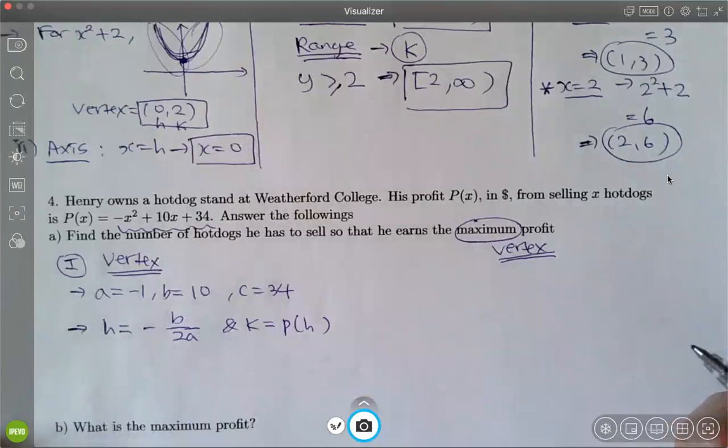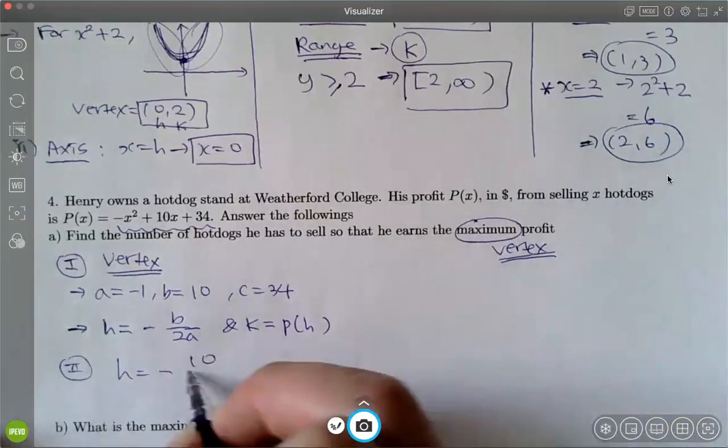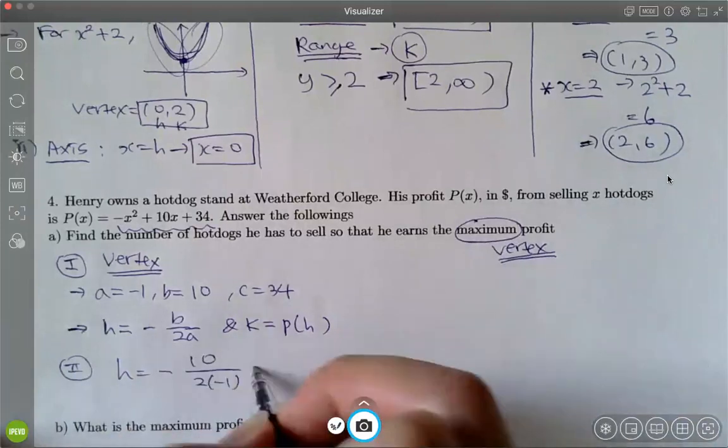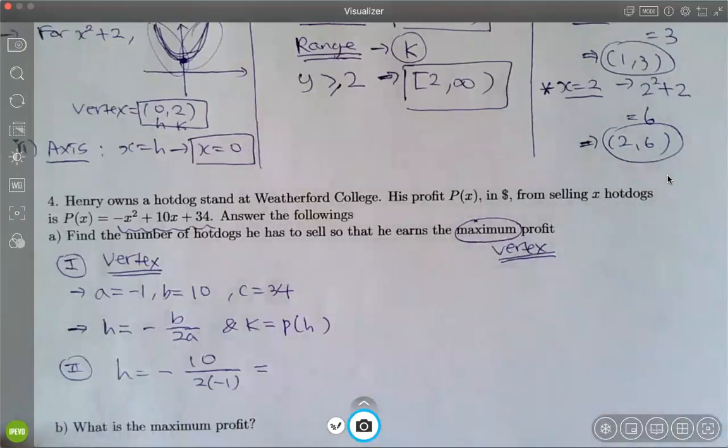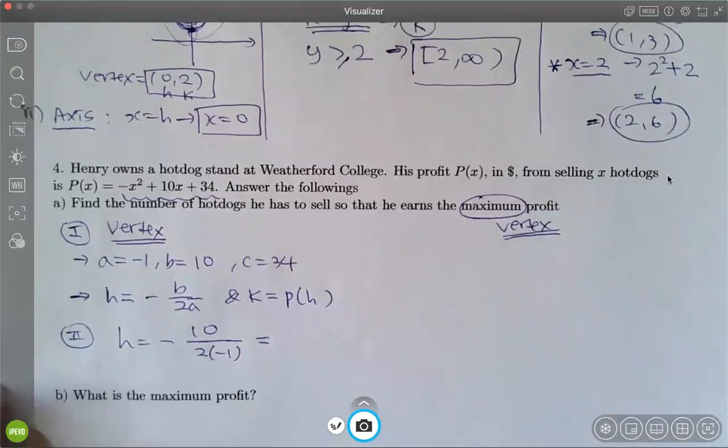So what is h? It's -10 over 2 times -1. What is this number equal to? 5. +5, right? Yes.